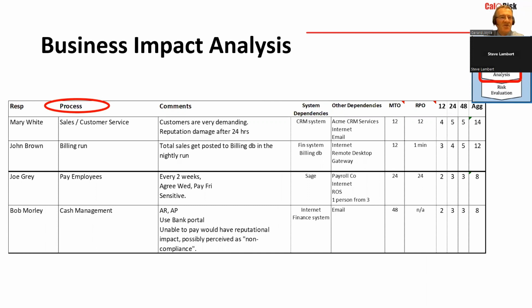And I found a useful way to start this is, if you have a standard operating procedures handbook, you'll find a lot of them listed in there, but create a list of the processes and who is the owner of those processes, responsible to make sure it happens, and then conduct an interview with them, understand the process, and particularly the dependencies. And there might be people dependencies. It might be dependent on an individual to run the process, which is something you should be aware of. There might be a dependency on a system and maybe also the internet.